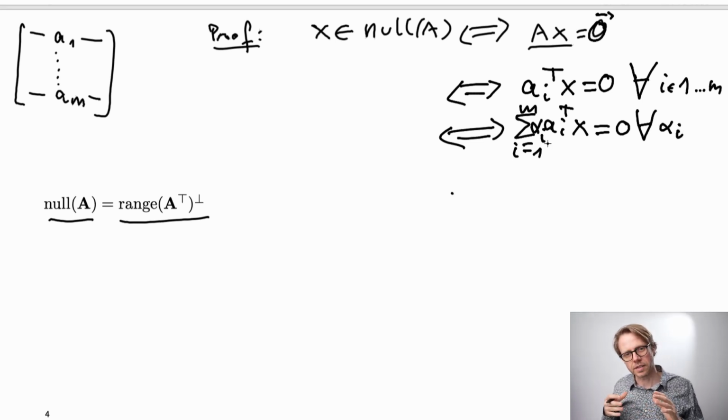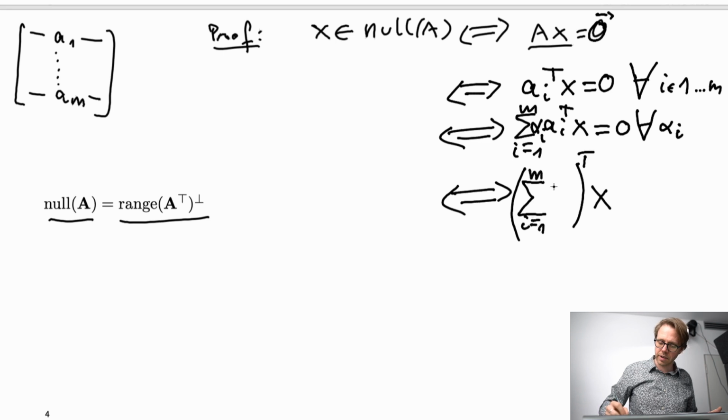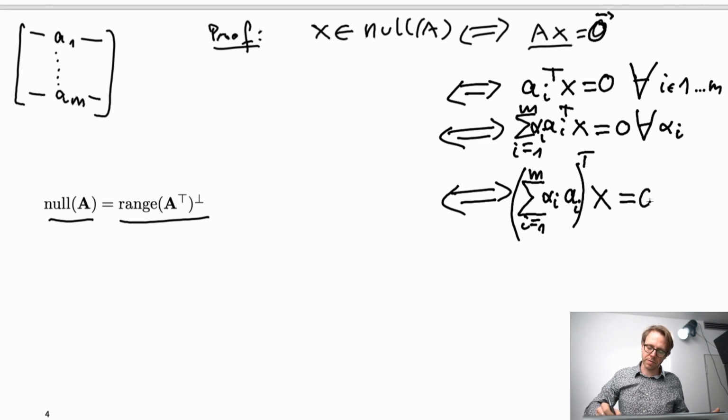Now if we take this sum and pull out x, we get a vector that is the sum of all our alpha_i, these scalars, times the ith row of A. Take the transpose of that, multiply it by x, and it still has to be 0.